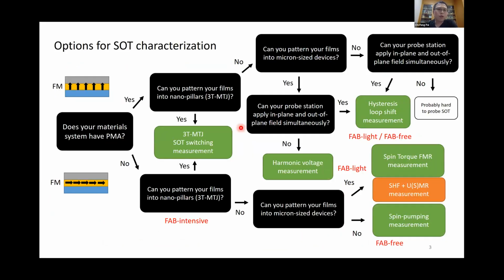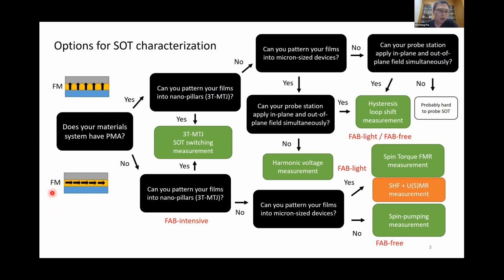So the options for SOT characterization, this is the map I showed them when we started to discuss the collaboration. If you want to study systems with a ferromagnetic layer having perpendicular anisotropy, which is the PMA shown here, then you go to the above path.